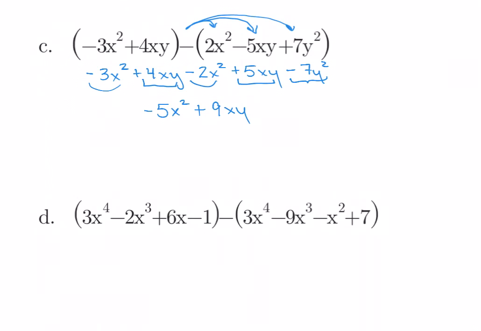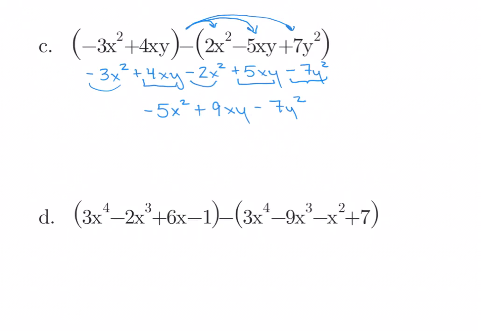And we bring down our minus 7y squared. Now this here is in descending order of x. Just to kind of show you why we do that.